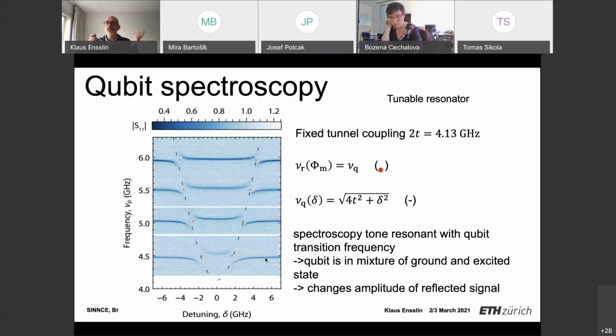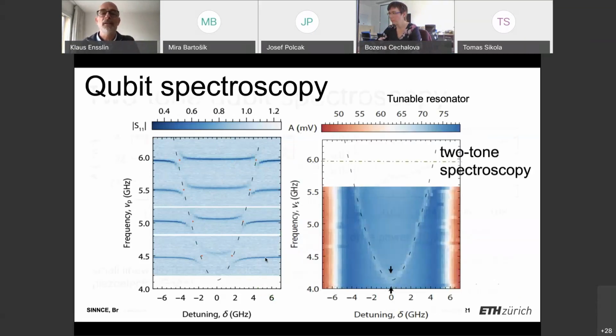So you have a spectroscopic tool. It's like a tunable laser in the optical field, and you can probe the dispersion of the qubit. And you find very nice agreement with a very straightforward theory. So that's not surprising, but it gives a new handle. Suddenly we can do spectroscopy of the qubit.